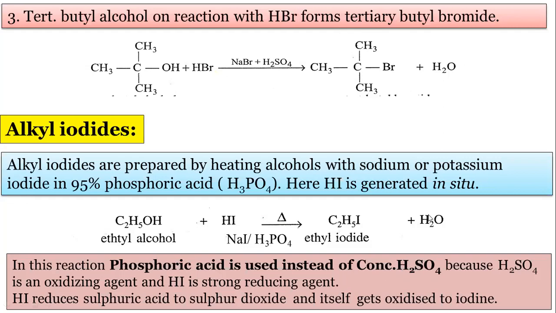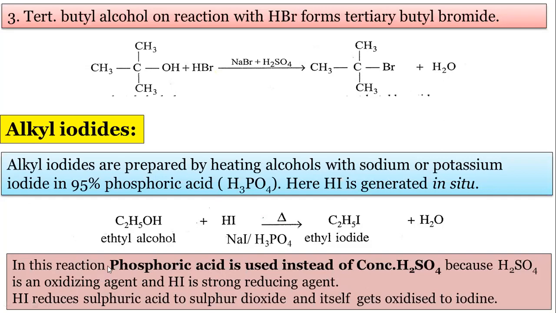Because HI is generated in this reaction, and HI is a reducing agent while H2SO4 is an oxidizing agent, HI will reduce the sulfuric acid to sulfur dioxide and itself get oxidized to iodine. So to avoid this step, we use phosphoric acid. This question can be asked in the board exam, remember.